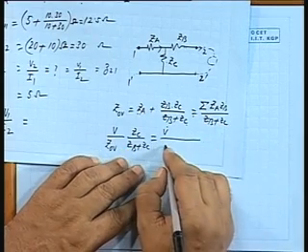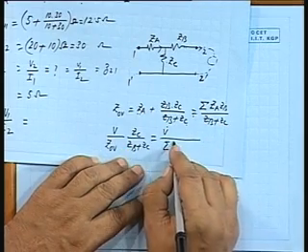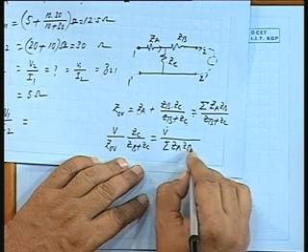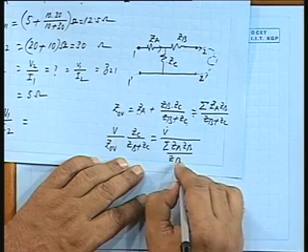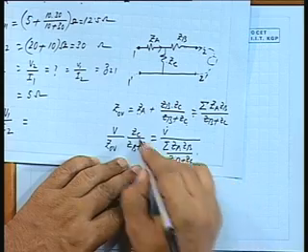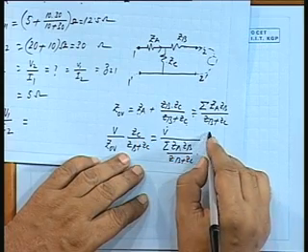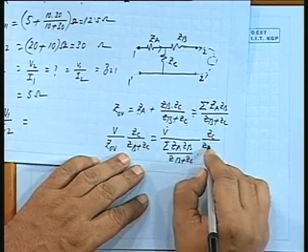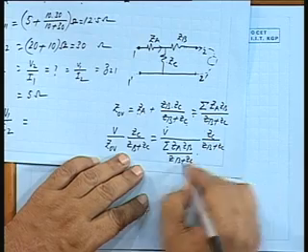So V by sigma ZAZB by ZB plus ZC into ZC by ZB plus ZC. So ZB plus ZC gets cancelled.